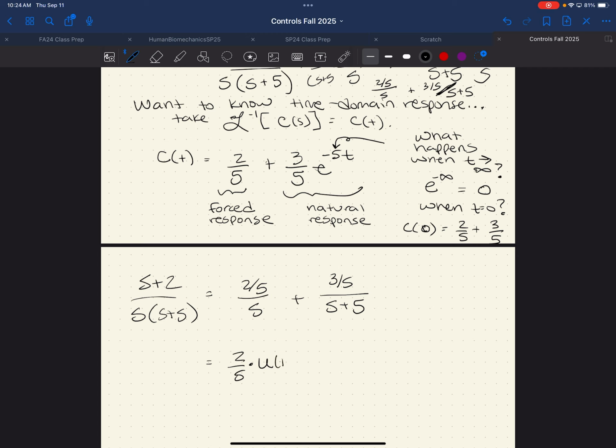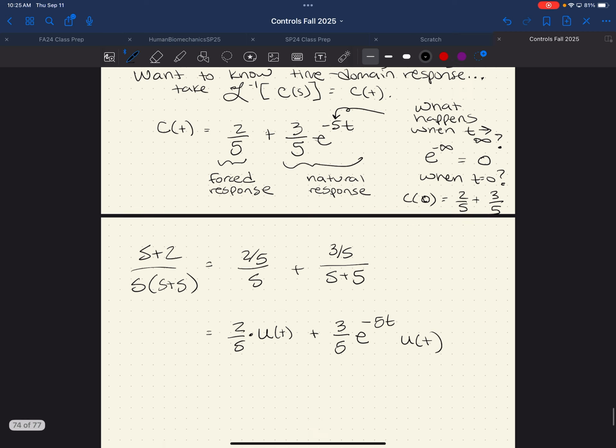Now I'm expanding 1 over s plus 5, which should be something like 3/5 e to the minus 5t u of t.